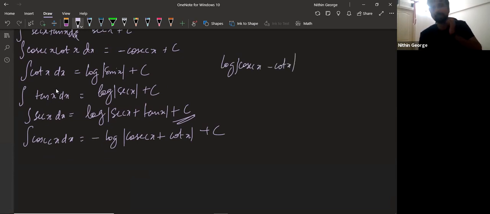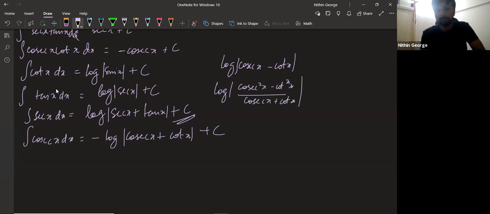They're both essentially the same because if I multiply and divide by cosec x plus cot x, it will become cosec square x minus cot square x in the numerator and cosec x plus cot x in the denominator. And you know this value is 1 in the numerator. So you write this as minus log cosec x plus cot x. Right?